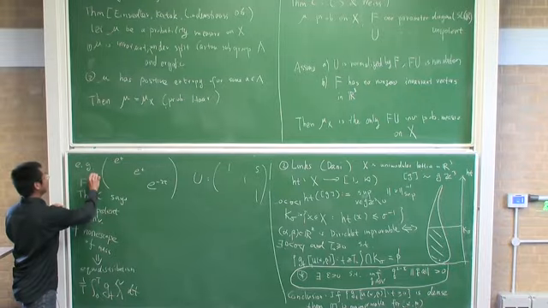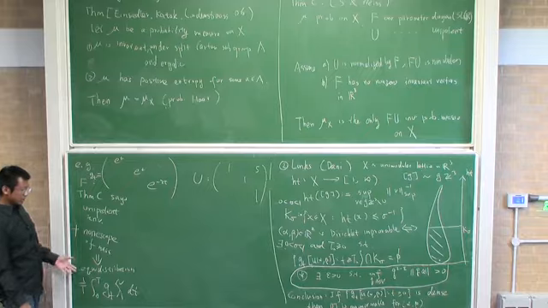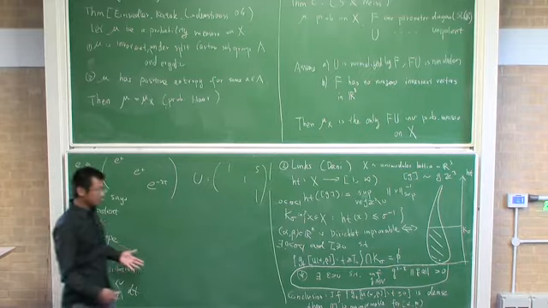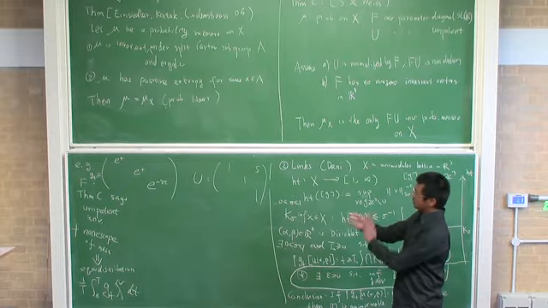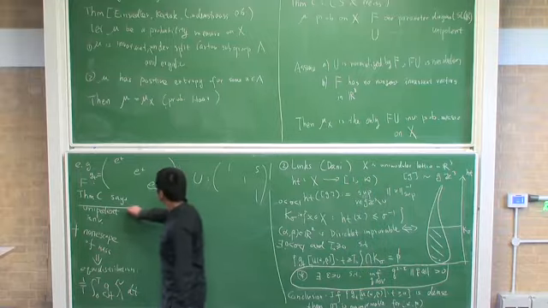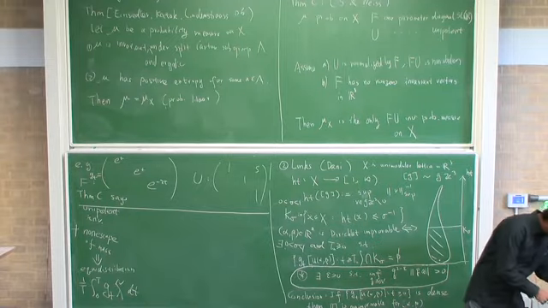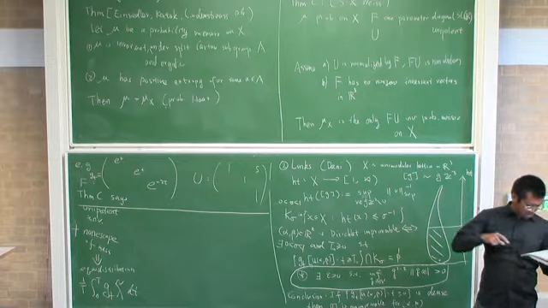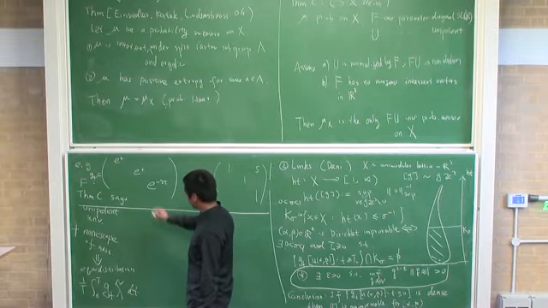Here's our g_t, and lambda tilde is the one associated to some measure on R2. So there are two applications. The first one is analytic curves.